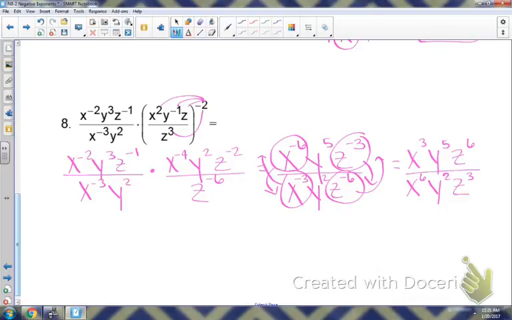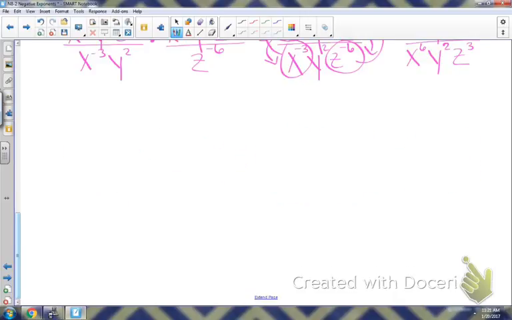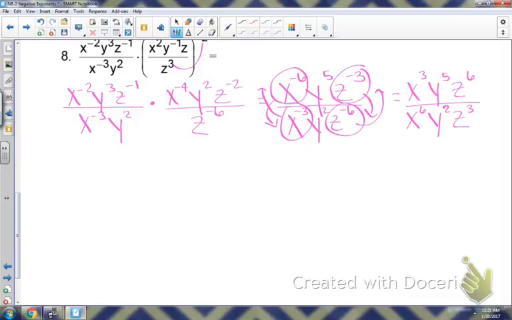Now we're going to divide. When we divide and bases are the same, we subtract the exponents. So 3 minus 6 on the x's, you would get -3, which means, remember I told you it's always where the larger one is if you want it positive. So that x cubed would need to go in the denominator. Again, if it helps you to write it all out, 3 of them cancel and you have 3 left in the denominator.